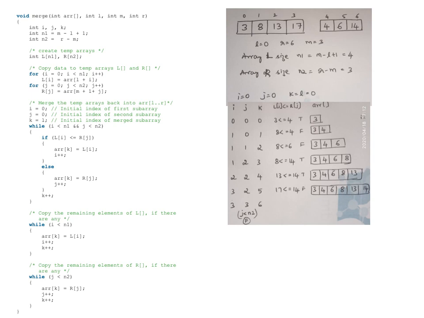So array of k will become equal to L of I. So array of k is 0, array of 0 will now become L of I, which is L of 0, is 3. Then once I do that, I'll increment the I value, because 3 I have already taken out. I'll also increment k at the end of this else part.